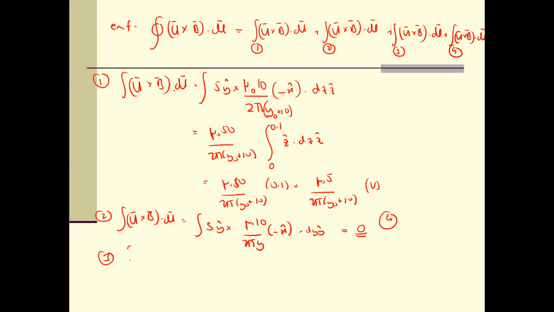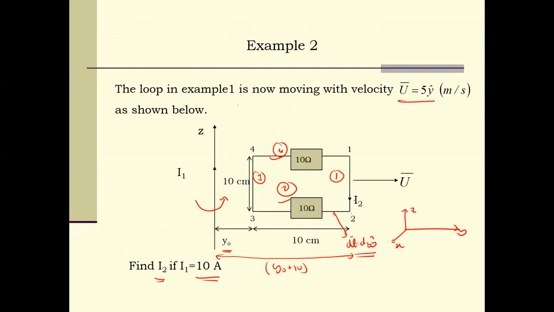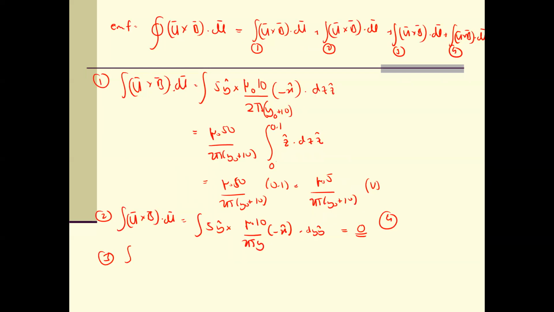It is almost similar to side number 1, except that the perpendicular distance will be y0 only, as opposed to side number 1, which is y0 plus 10. That's really the only difference. For that, we have u cross b dot dl.